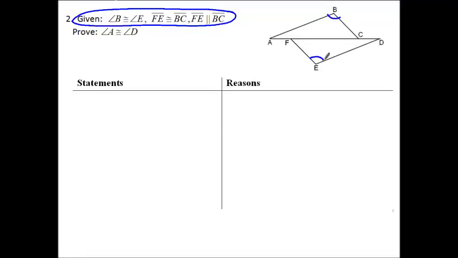Angle B is congruent to angle E. FE is congruent to BC, but FE is also parallel to BC, so we are also going to make a parallel mark like an arrow on FE and BC. Now let's write these things down in our statement column.